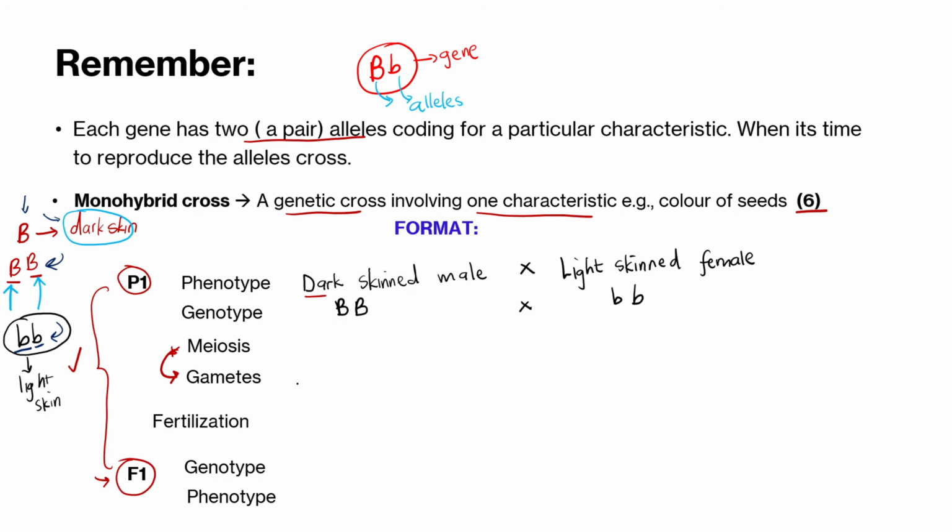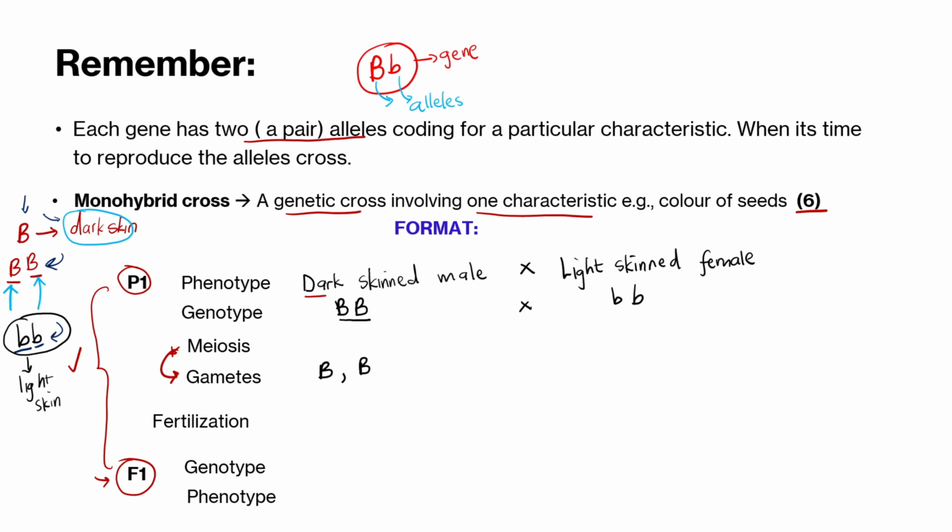So after meiosis, under gametes, just write B, then a comma, and then B. What is this signifying? It signifies that these two alleles of mine, capital letter B and capital letter B, went through a process of meiosis.